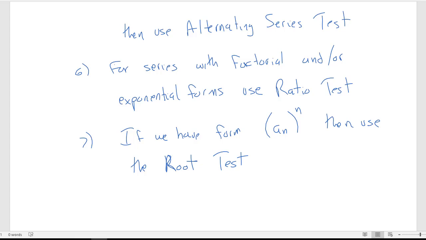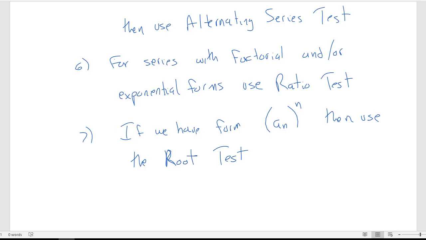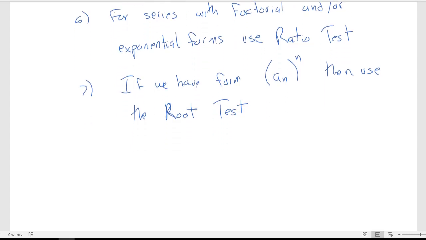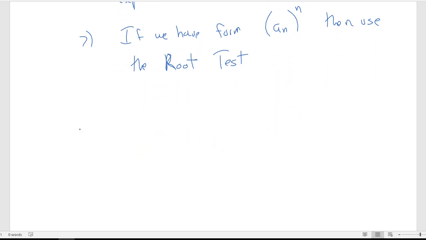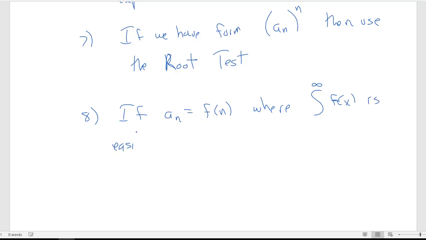And then I would say the last case in my flow chart that we're discussing here is if I consider a sub n as a function where, let's say, the integral is easily evaluated, then we're going to use the integral test.